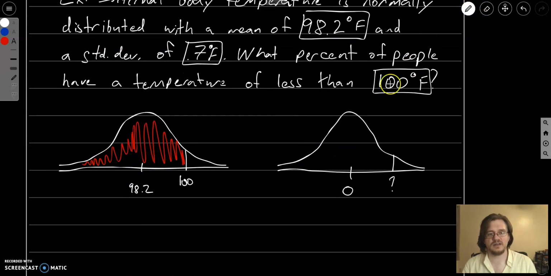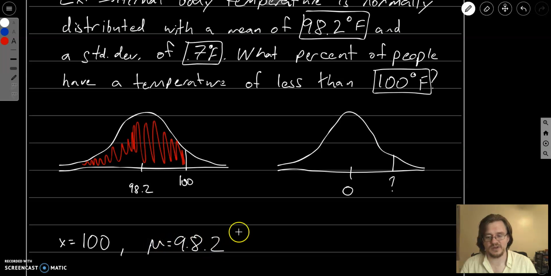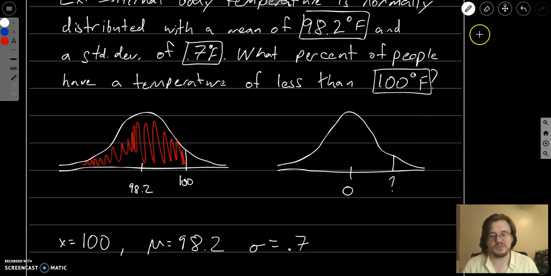So my x value here is going to be 100. If I just ignore units for the moment, this is 100 degrees Fahrenheit. Our mean is 98.2, not 9.8, but 98.2. Our standard deviation, how spread apart our data are, is going to be 0.7.